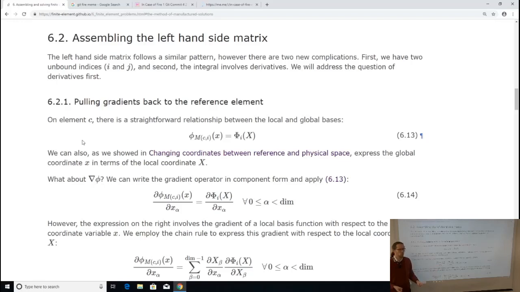But when I take a gradient of a basis function on the reference cell, I'm taking d big phi d big X, right? On the reference cell, I have no concept of what the directions are in physical space. I can only see the reference cell. I've only got my little local x and my local y. The only thing I can possibly take derivatives with respect to is the local coordinate space.